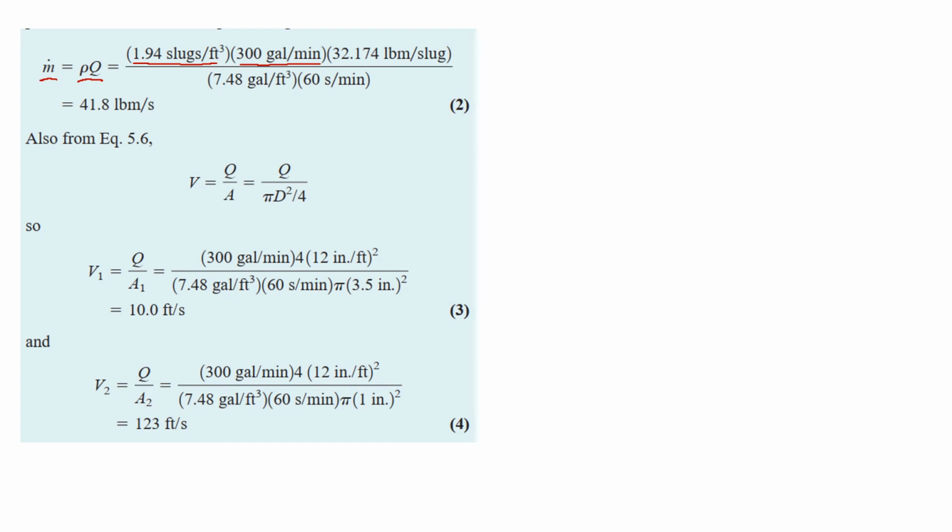The 32.174 pound mass per slug is used to convert slug into pound mass, because we need to convert these terms into appropriate units. The 300 gallons per minute is converted into cubic feet per second, so for that purpose we divide by 7.48 gallons per cubic feet, and for seconds we divide by 60 seconds per minute.